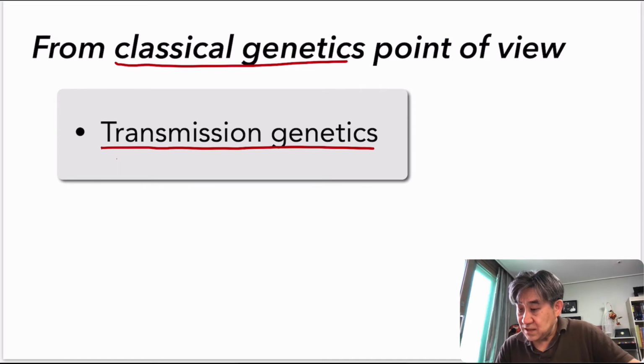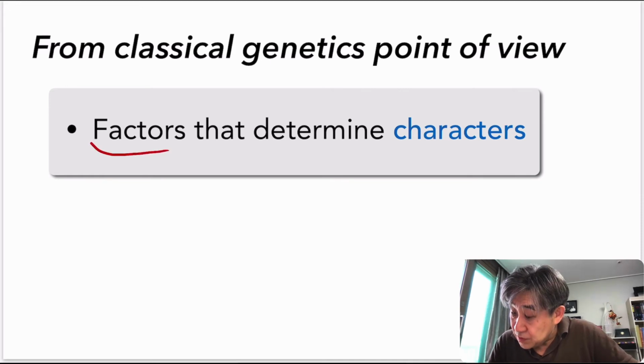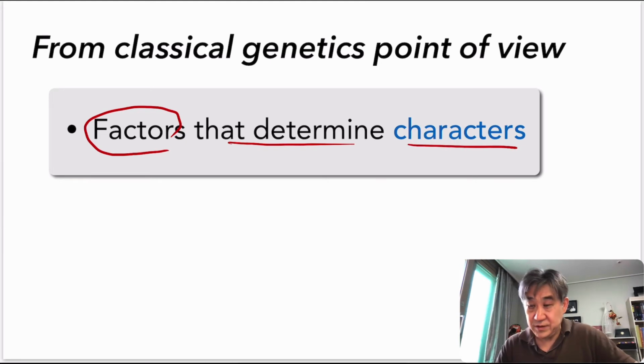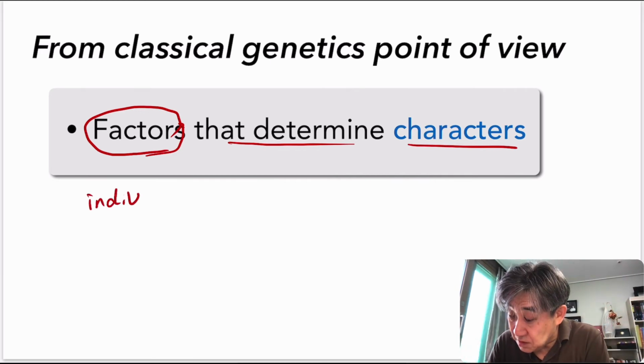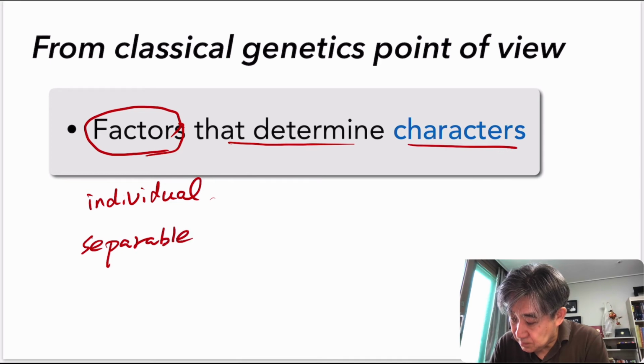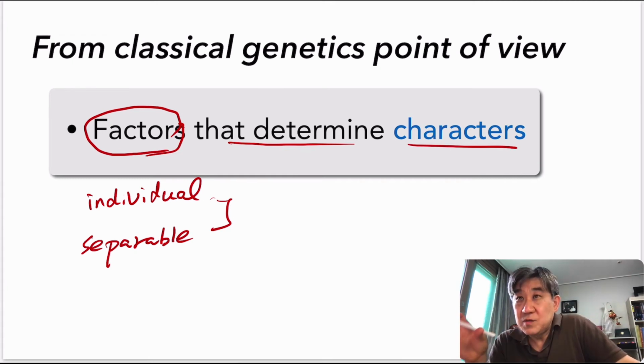From this classical genetic point of view, genes are defined as some kind of factors that determine the characters. What are characters and factors? Viewing the gene as a factor, it is an individual and separable unit. In the earlier days, around 1800-something, the renowned Gregor Mendel, the founder of classical genetics, viewed the gene this way.